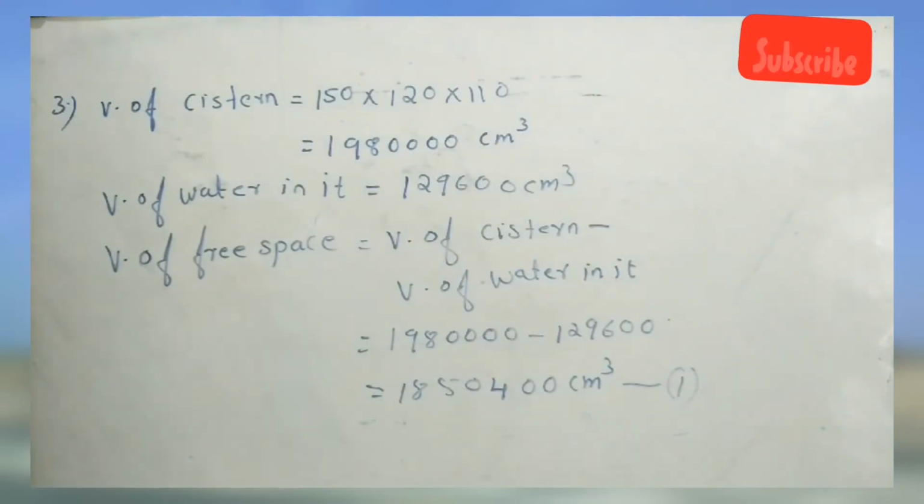The volume of free space is equal to 1850400 centimeter cube. Now we are going to find out the volume of brick.